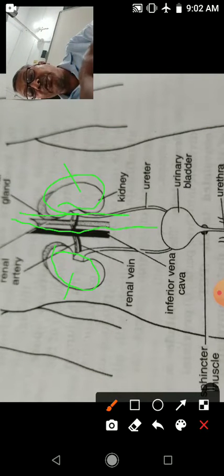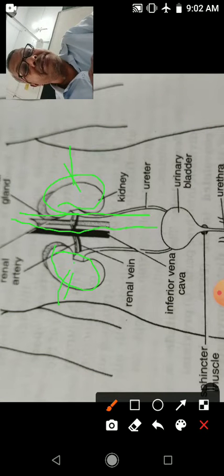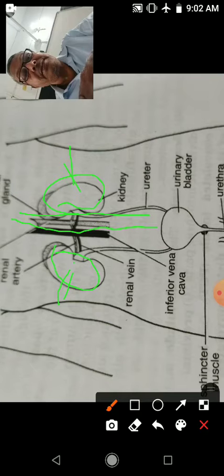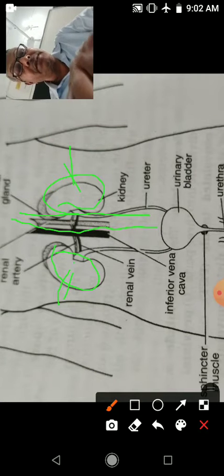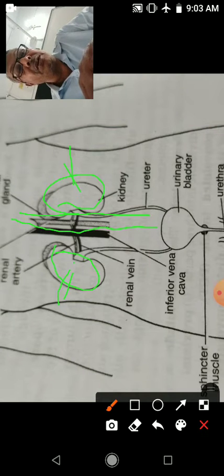On the side of the vertebral column, the left kidney is present on the left side and the right kidney is present on the right side. So their position is in the upper posterior part of the abdominal cavity on either side of the vertebral column.